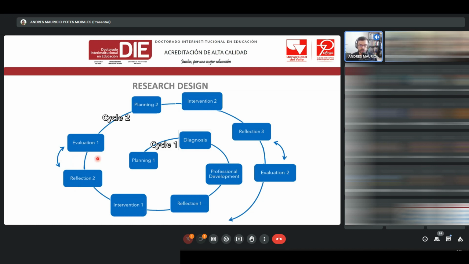Then we have evaluation 1, and in evaluation 1, we will have a focus group, the first focus group, because the second one will be after the whole 2 cycles.